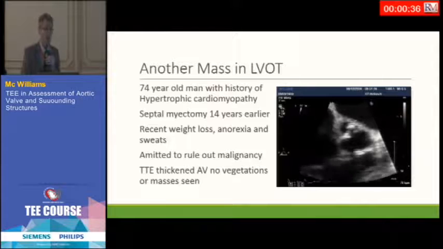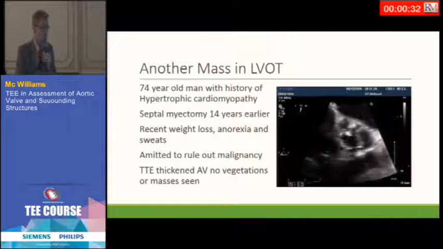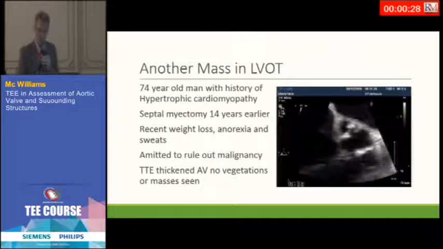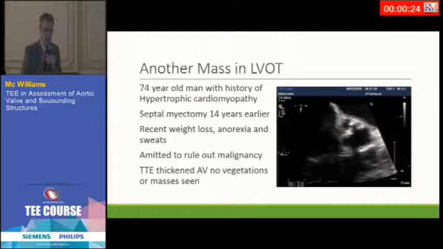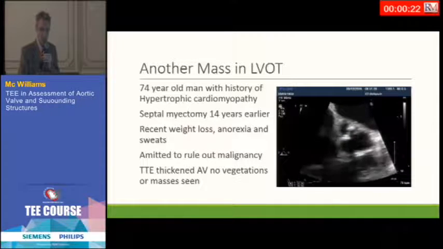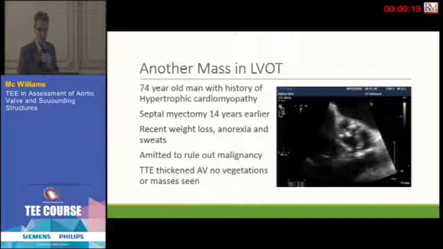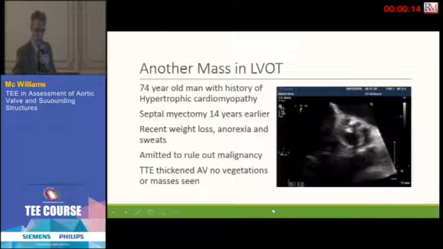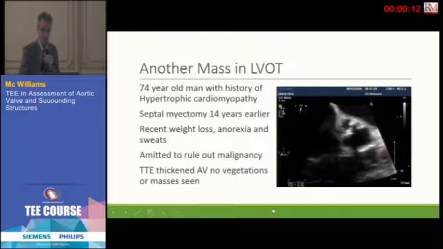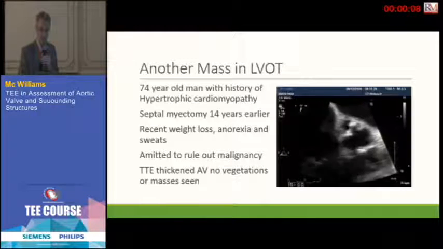Here's another mass in the LVOT, a 74-year-old with a history of hypertrophic cardiomyopathy, septal myotomy 14 years ago. And basically he presented with what looked like cancer, a lot of anorexia, night sweats, and he was admitted to rule out malignancy. A transthoracic echo was done, and we didn't see any obvious vegetations, so he was sent for a TEE, and it shows an abnormal aortic valve, something flickering there in the aortic valve.